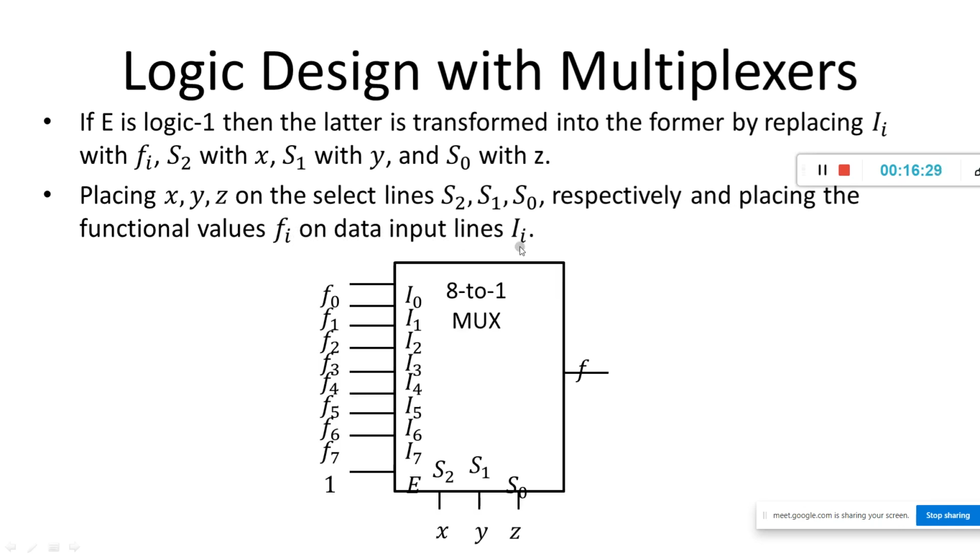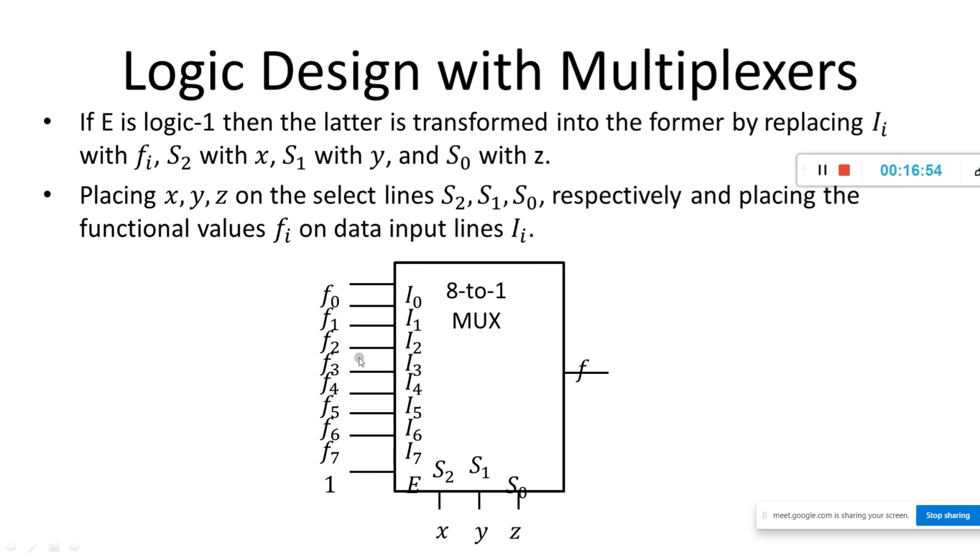lines Ii. Here you can see a generalized 8:1 mux, that is, 3 select lines S2, S1, S0 are there. S2 is replaced by X, S1 is replaced by Y, S0 is replaced by Z. Enable E is 1; only then does it act as an 8:1 multiplexer. F is the output line.